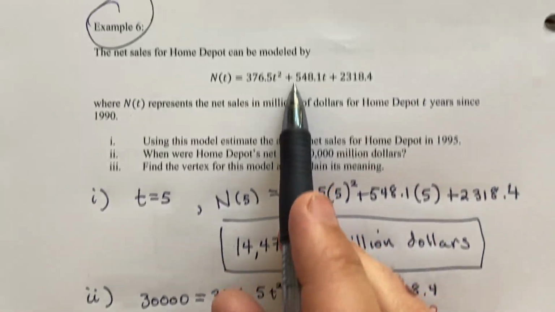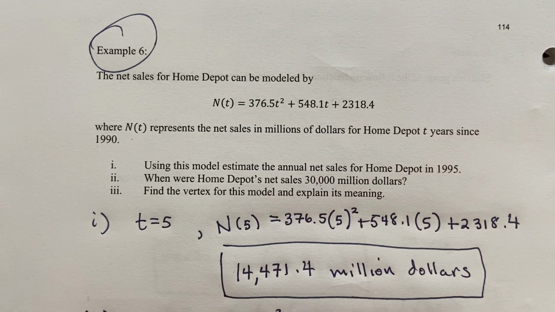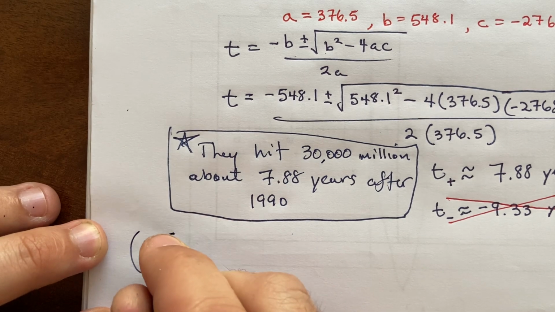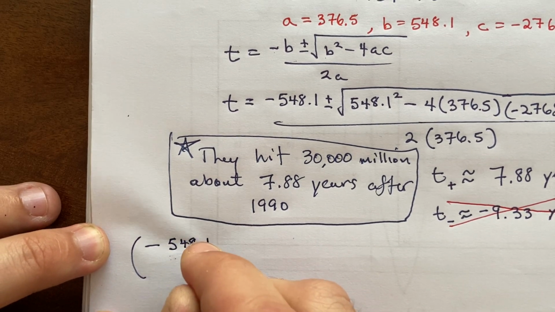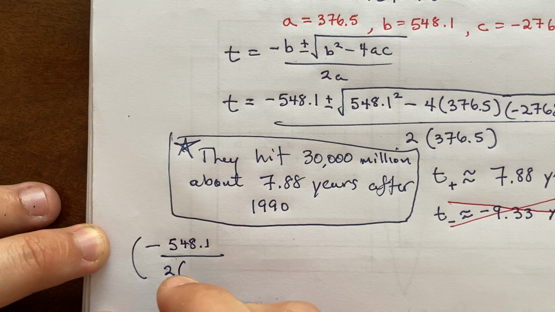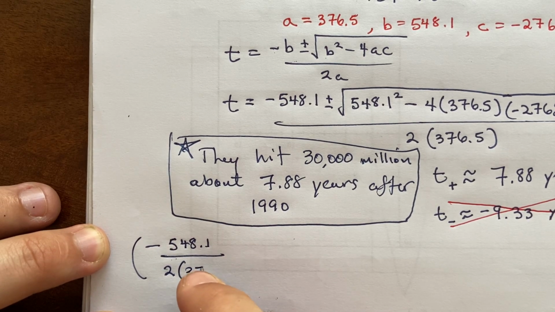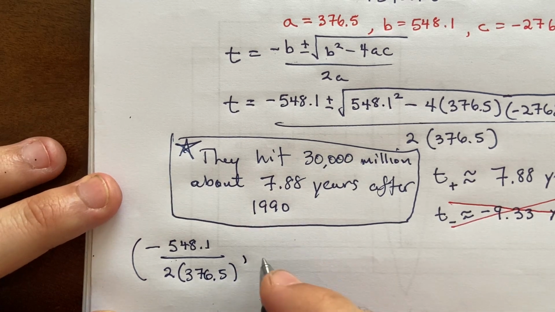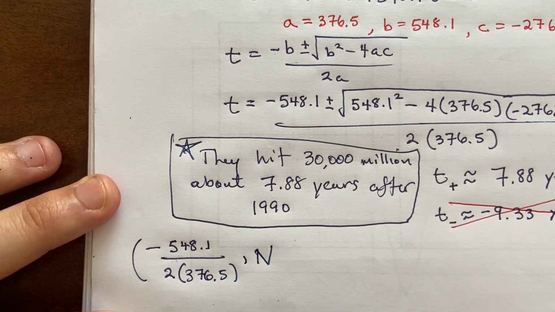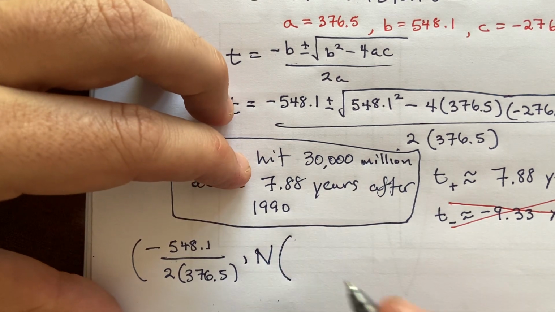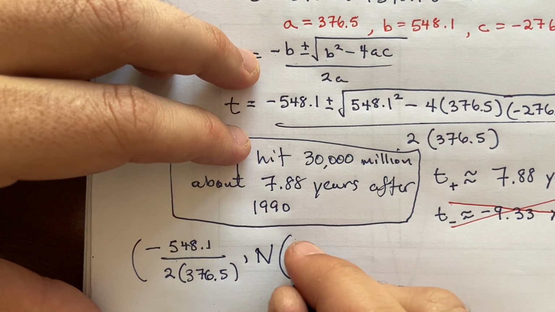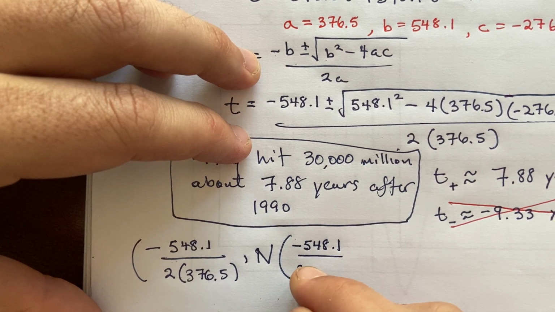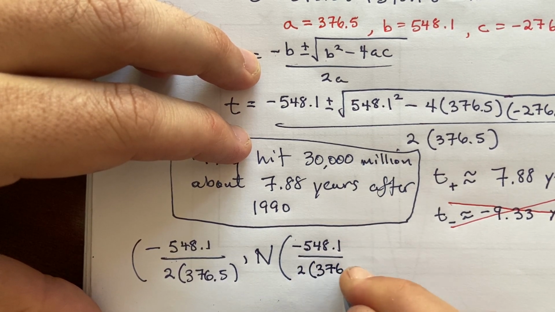I'm looking at B, opposite of B, over 2 times A, which is 376.5. And then I need to find N of this, since the name of the function is N. And then I'll have to explain its meaning in a second.